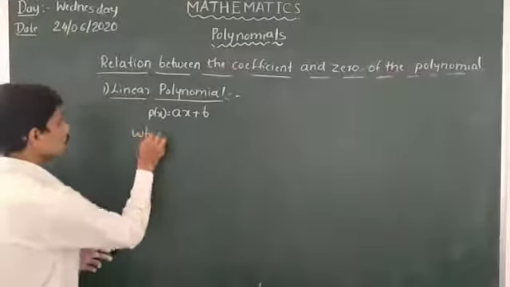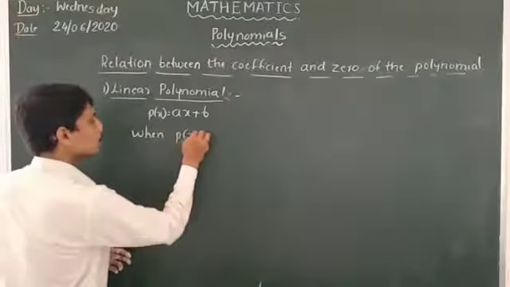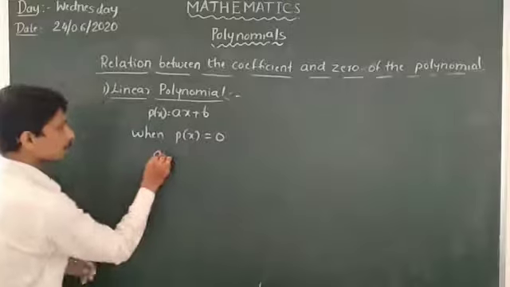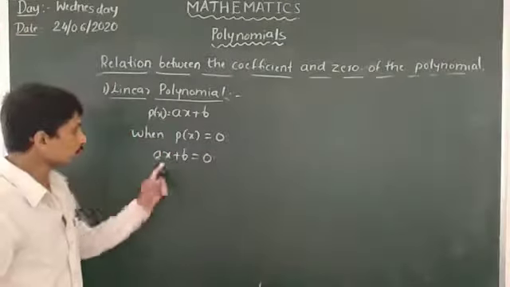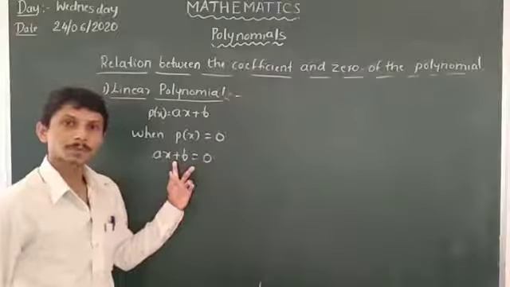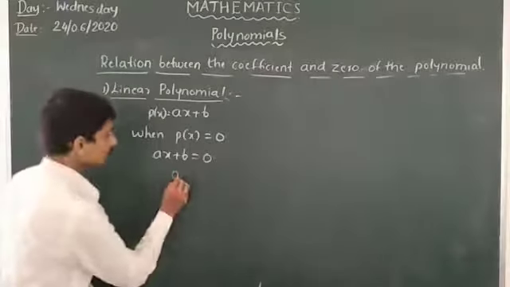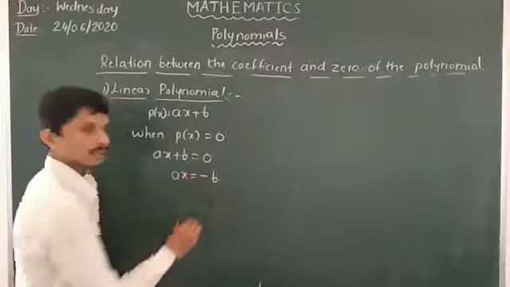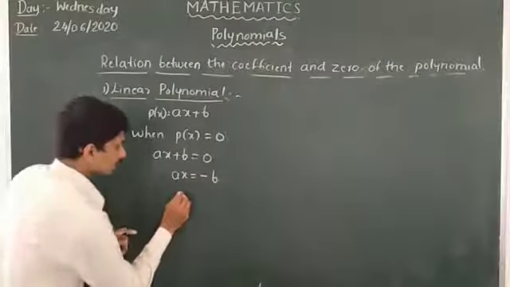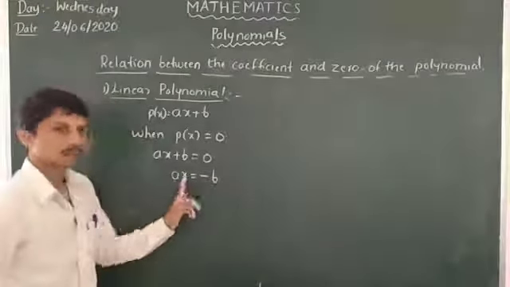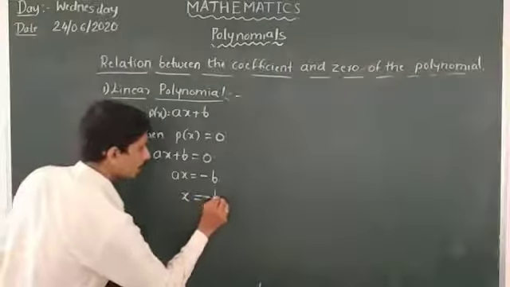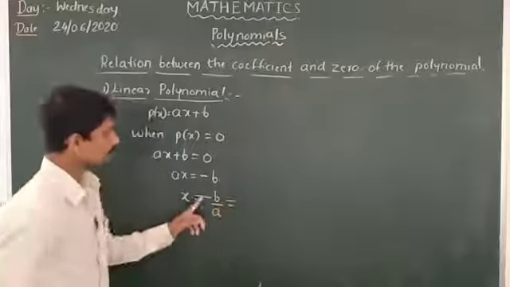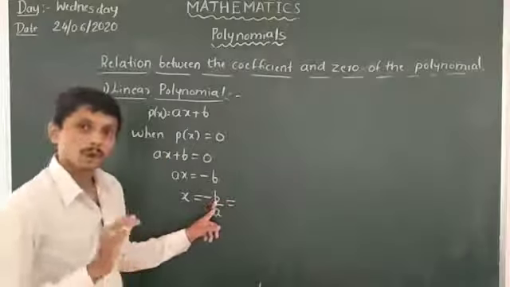When p of x is equal to 0, then ax plus b is equal to 0. We can transpose plus b to the RHS, so ax is equal to minus b, and then transposing a to the RHS, x is equal to minus b by a. Here b is the constant term.